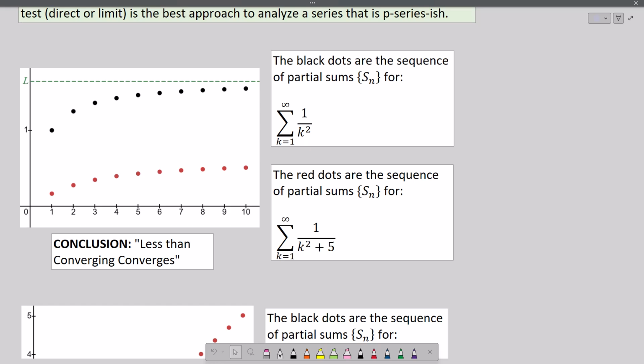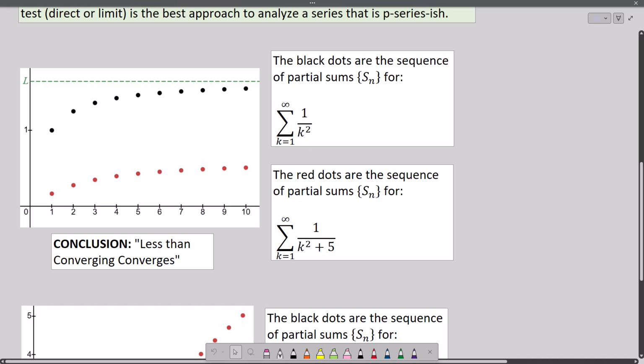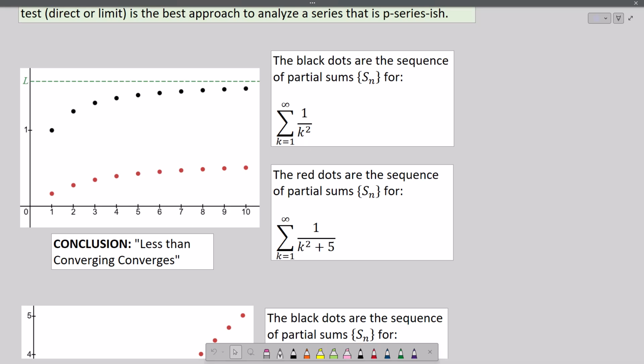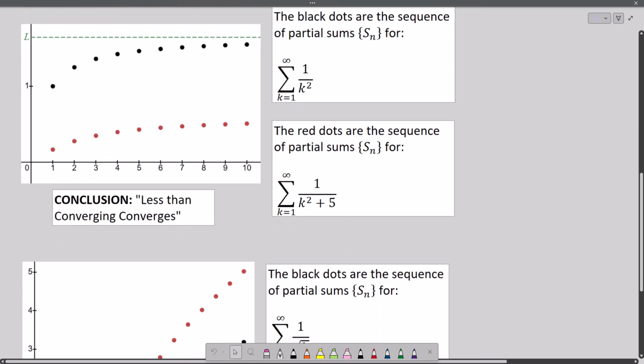B sub k is the basic one, the one we know. It converges, since p is equal to 2, which is bigger than 1. This one is systematically smaller than it, so it has to converge. All the terms are positive. If this converges, then this, being smaller, must also converge. It's going to converge to a smaller number, not the same limit. So smaller than converging converges.